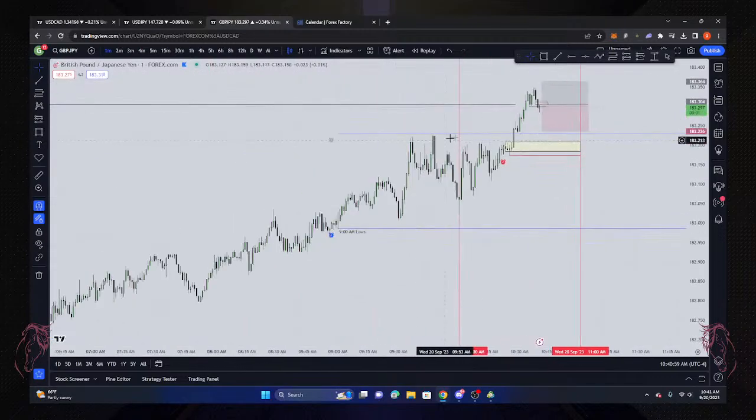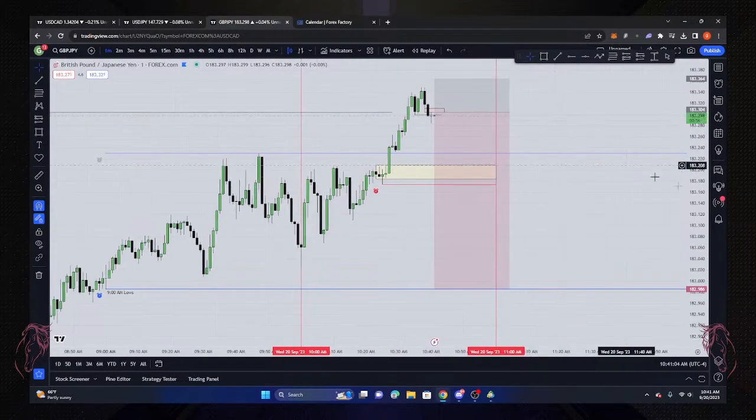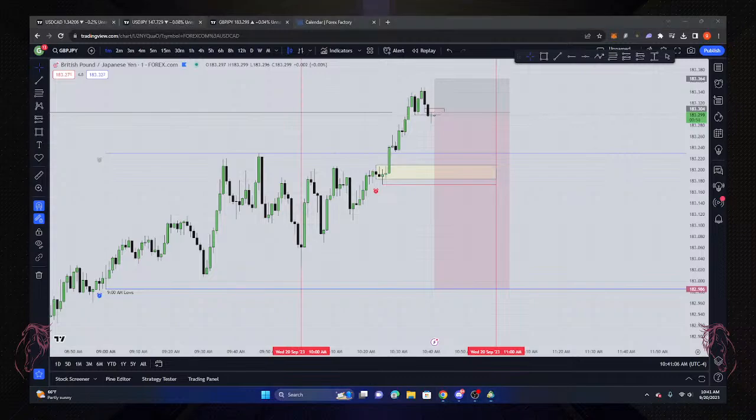6 pip stop loss targeting 9 a.m. lows, which it sure does.